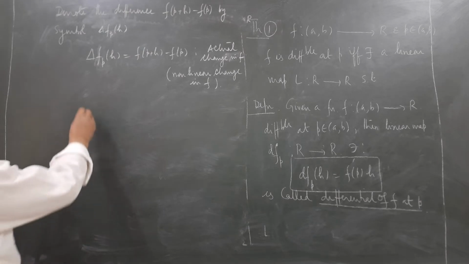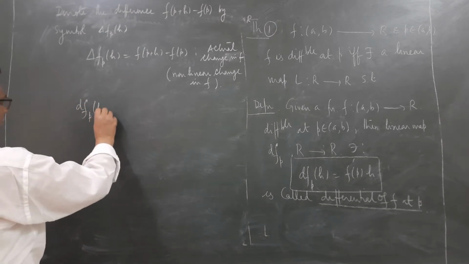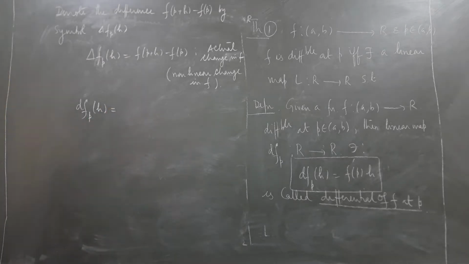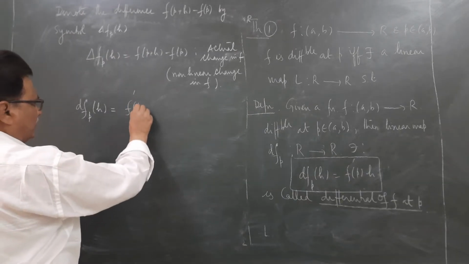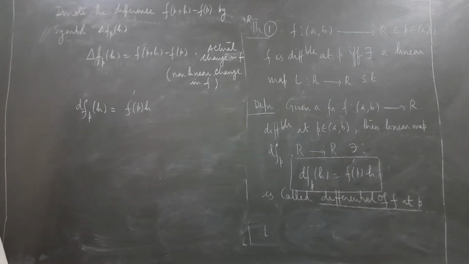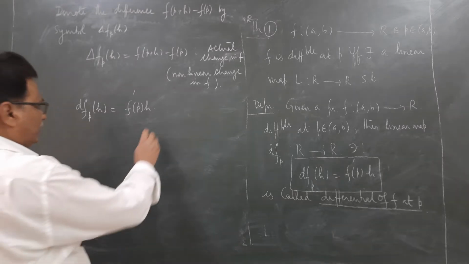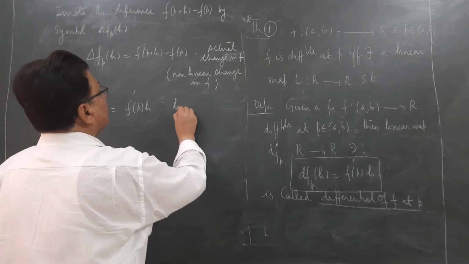Whereas this, df_p(h), is in fact f'(p) times h. This is also a change in f, and I will call it a linear change in f. You will see why it is a change at all. This is a linear change in f.